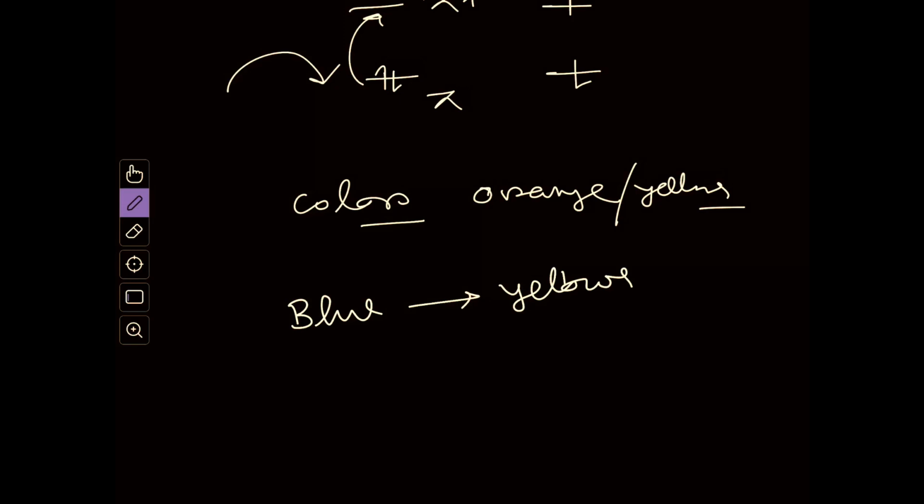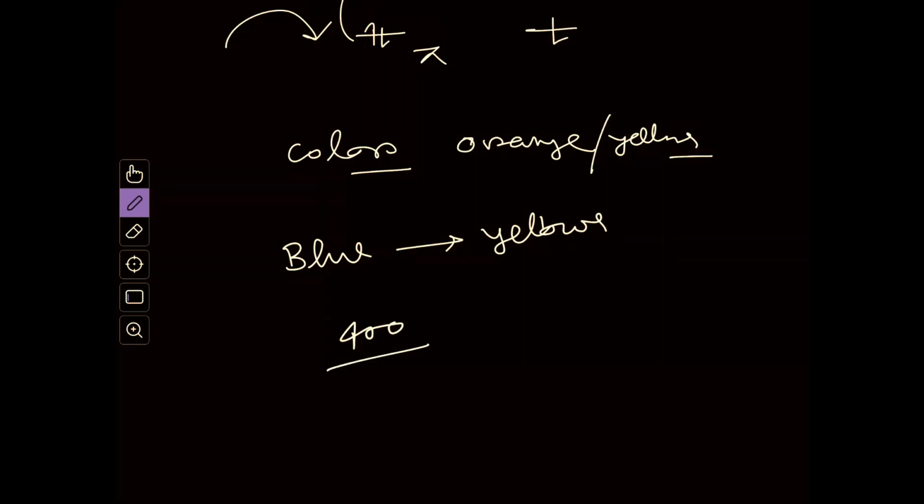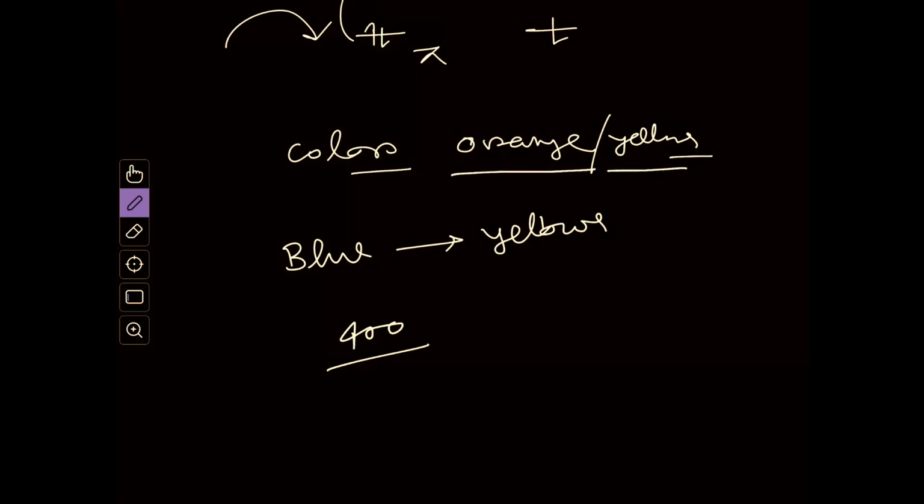If you look at organic molecules, if they are not very much conjugated, in most cases their energy levels fall in the region near 400, which is the ultraviolet and blue region. That's why most organic molecules are orange and yellow in color.